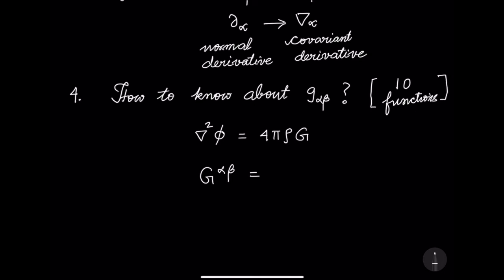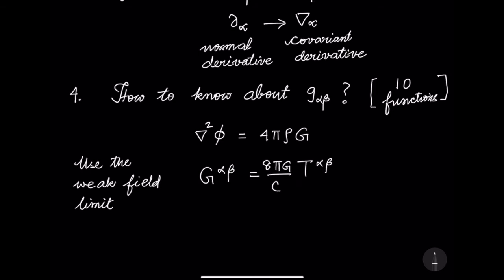Now this I will not prove for you. If you use the weak field limit, that is Newton's prescription of gravity, Newtonian gravity, one can write down how these two are related, and the answer is that 8 pi G by c to the power 4 is a constant that sits in between these two.